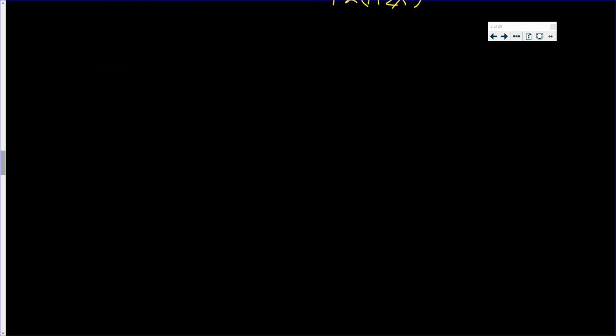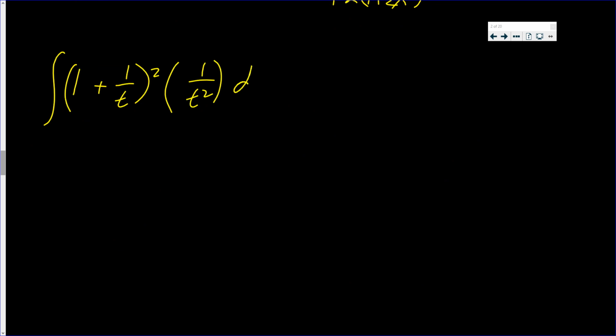How about we consider this problem? 1 plus 1 over t, all squared, times 1 over t squared dt. Well, I'm going to call that u. So I know one thing, this whole piece will be u squared. Okay, so u is equal to 1 plus 1 over t.